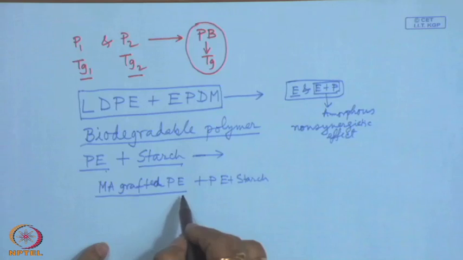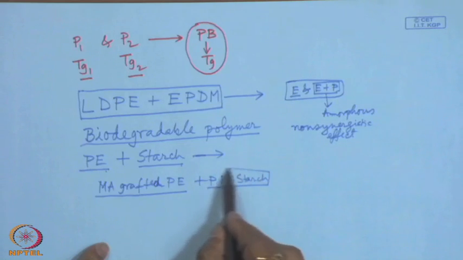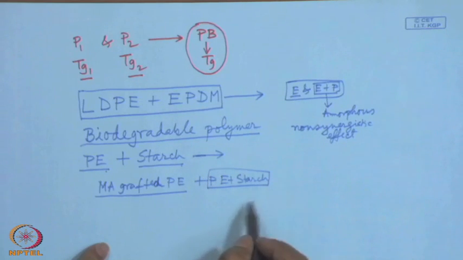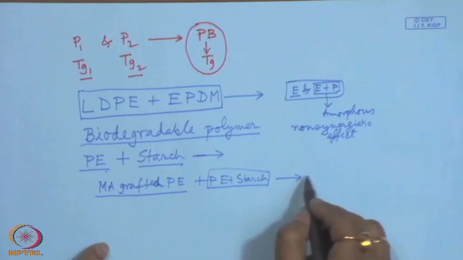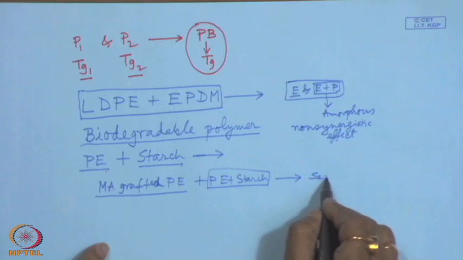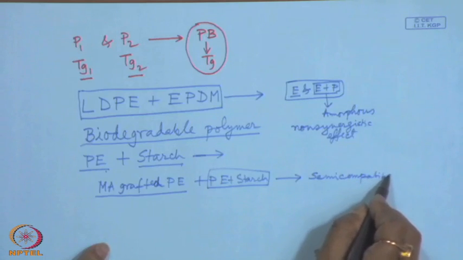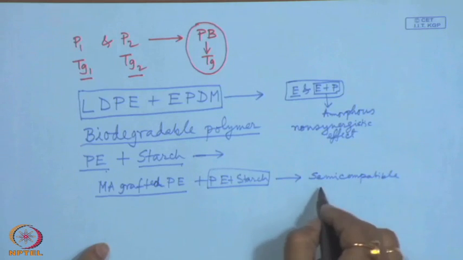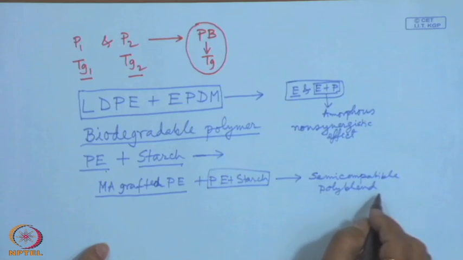Say 5 to 10 or 12 parts of this maleic anhydride grafted PE with a certain proportion of polyethylene and starch could lead to a semi-compatible polyblend of starch and polyethylene.